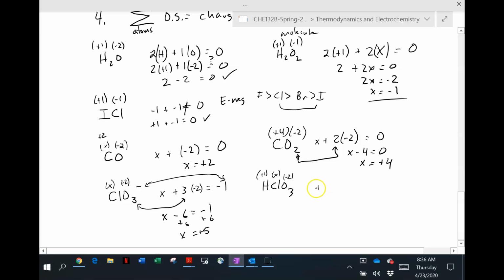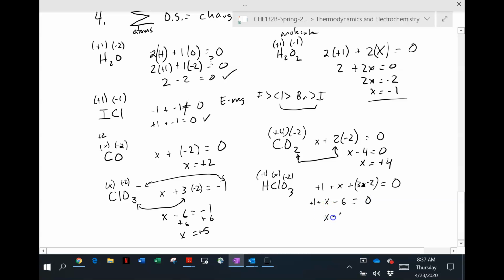So now I'm going to have +1 for the hydrogen, +X for the chlorine, and 3 times -2 for the oxygen, and that's all going to be equal to 0 since the charge is 0. So we wind up with 1 plus X minus 6, that's 3 times, not 3X, is equal to 0.